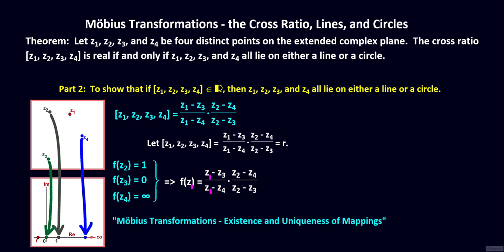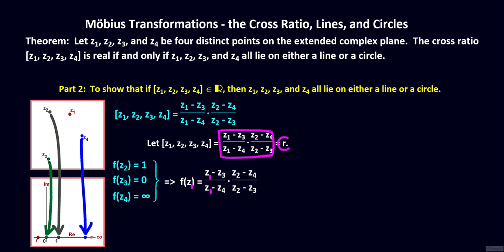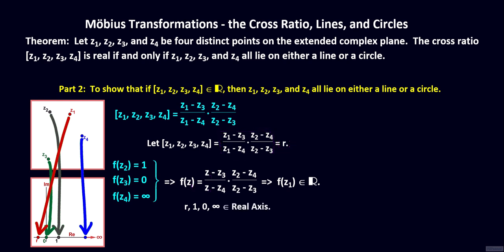Observe that f of z sub 1 is equal to the cross ratio of the z sub i's, which is equal to the real number r, so that f of z sub 1 must be a real number and therefore must lie on the real axis along with 1, 0, and infinity. The real axis is also a cline.